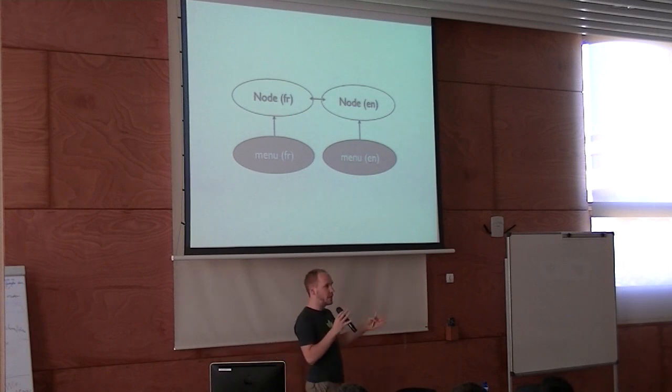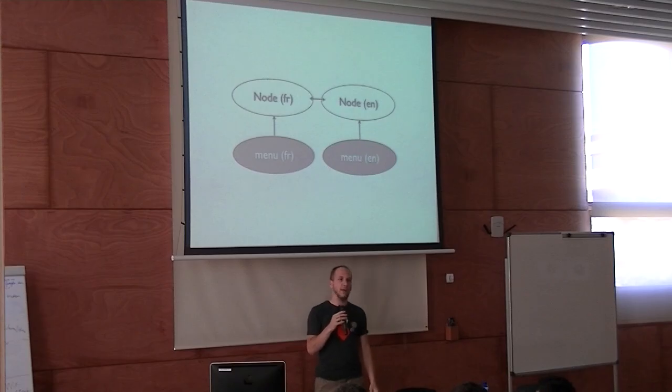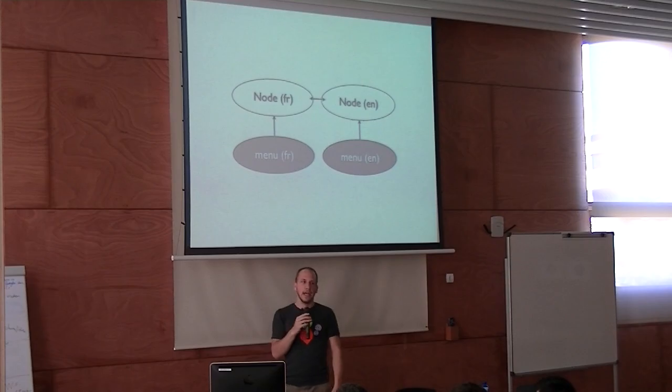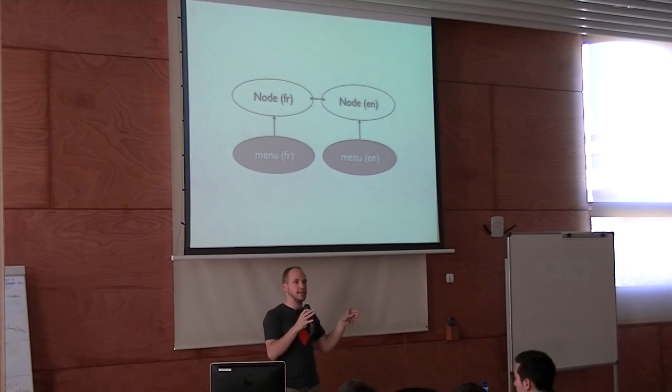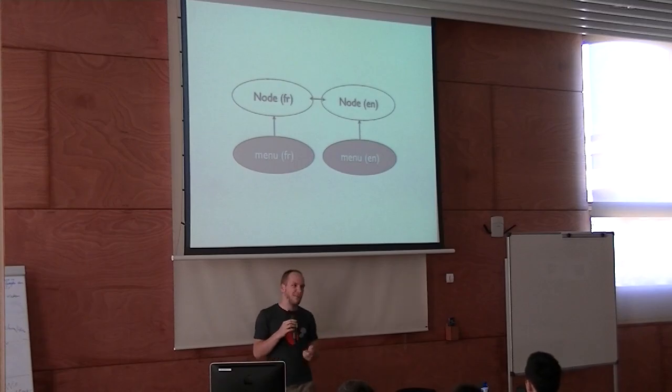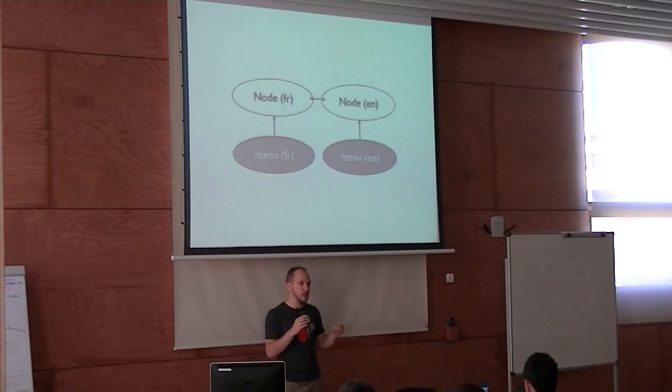This works okay, it just creates a lot of menu items, and if you have a lot of languages, you have that many times more menu items. And the problem is that when you try to have a hierarchy, then you need to duplicate that hierarchy for every language. So if you have 2 languages, it's okay. If you have 3, it starts to lose.